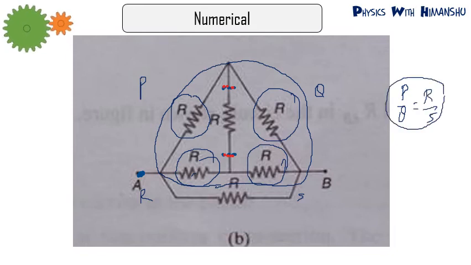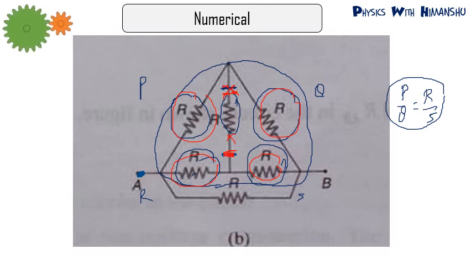It means we can remove this middle R, because there will be no current in this branch. So this R and this R will be in series, this R and this R will be in series, and 2R, 2R and R will be in parallel. This way you can find the equivalent resistance between A and B.